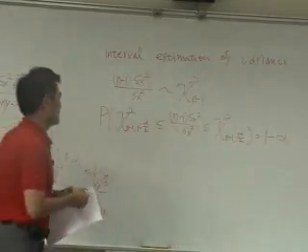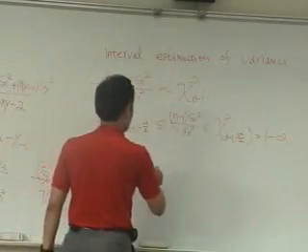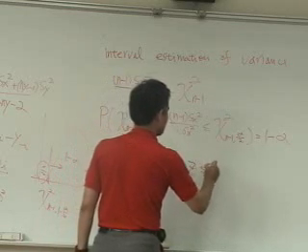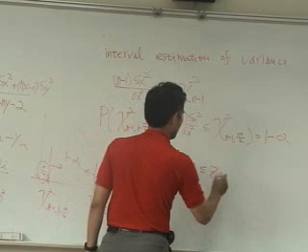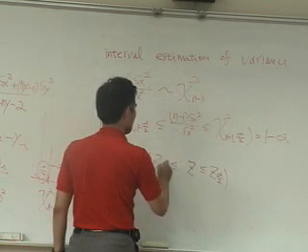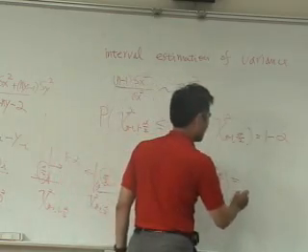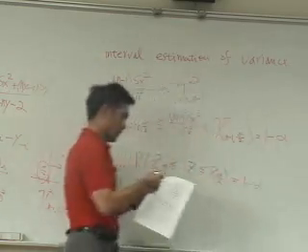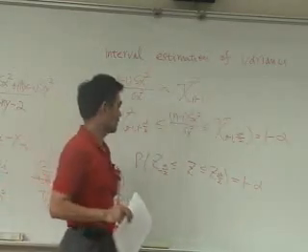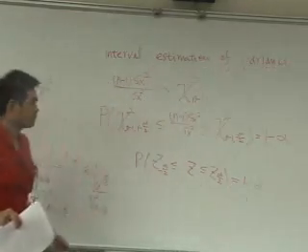Okay? Just like we say P, Z less than Z alpha over 2, and Z minus alpha over 2. And what is that equal to? 1 minus alpha, right? That is basically the same thing. Questions?